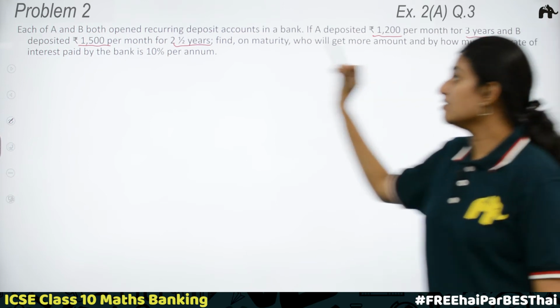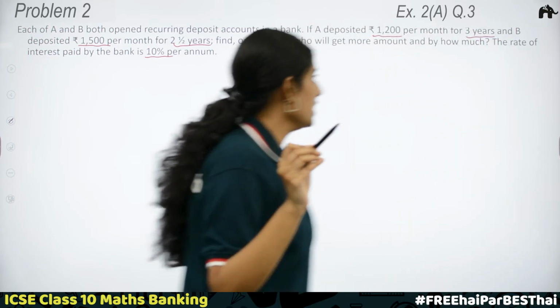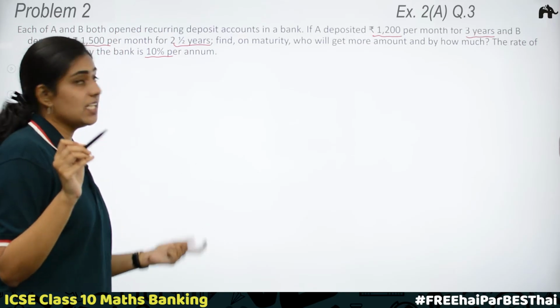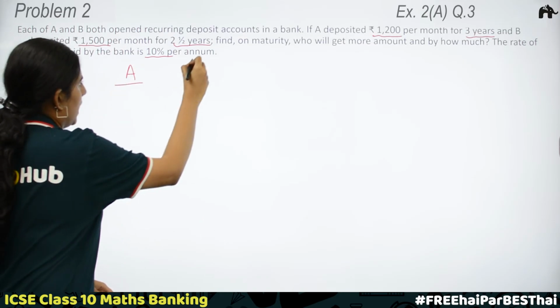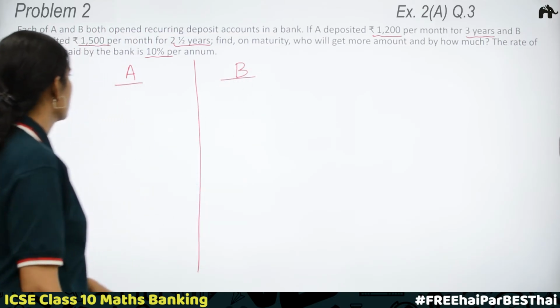The rate of interest paid by the bank is 10% per annum. In this case, you have to calculate the maturity values of A and B separately. First, let's find for A and then for B.